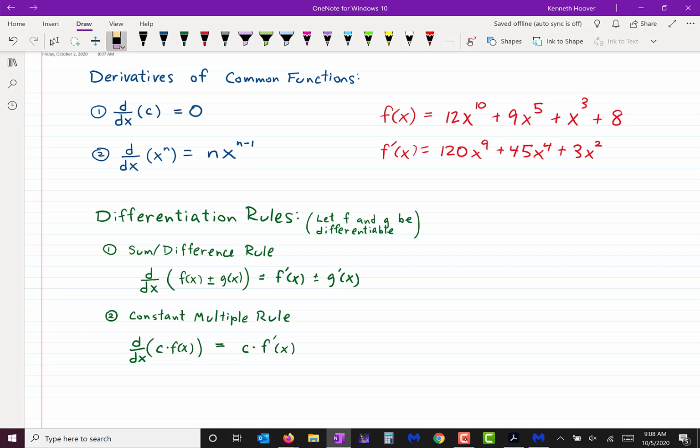And there's our derivative. 120x to the 9th plus 45x to the 4th plus 3x squared. Okay, so the derivatives of polynomials should now be very, very easy for you to do. All right, let's continue. I have some more shortcuts to show you.